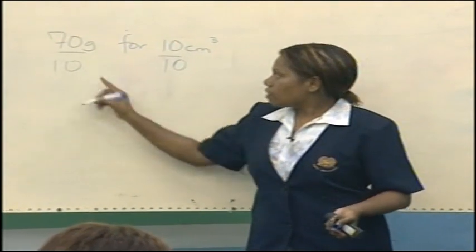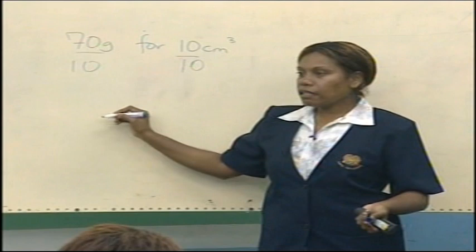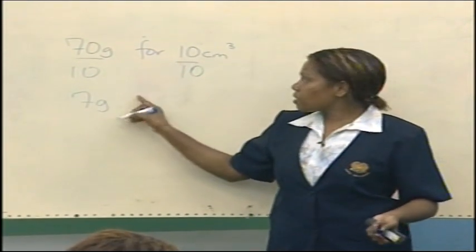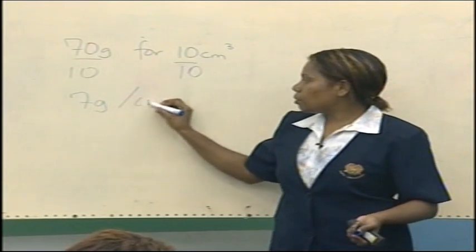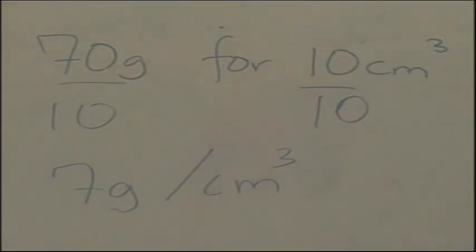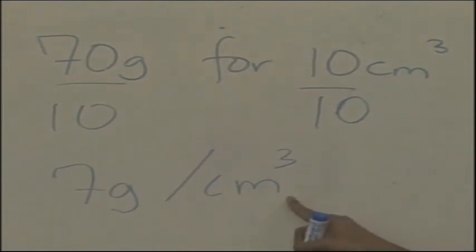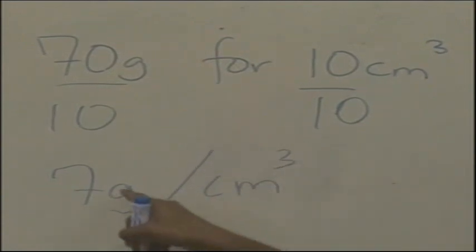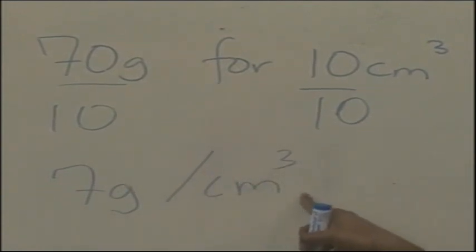So what's 70 divided by 10? 7 what? Grams per cubic centimeter. Okay? 7 grams per cubic centimeter. So we want to get the rate, the fixed rate. So 7 grams per cubic centimeter.